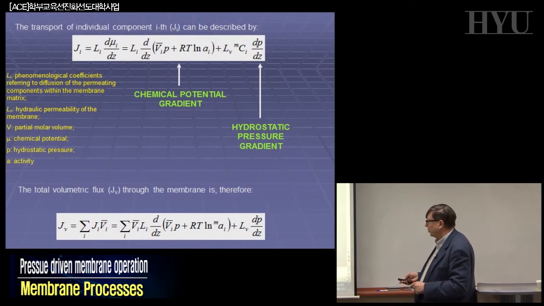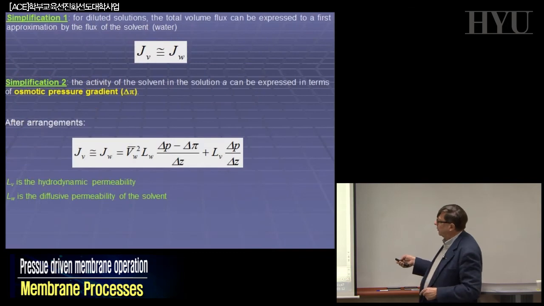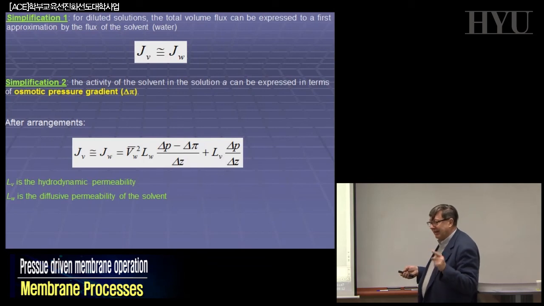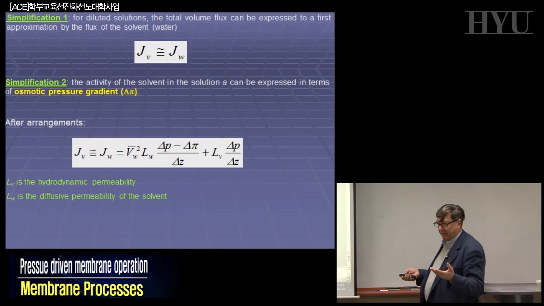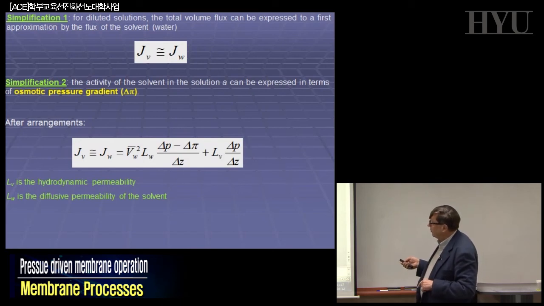However, now there is something new that we have to learn. If we are talking about the concentration at the membrane surface, this is something that we are not able to measure. Until now, in ultrafiltration and microfiltration, these terms were not important because there were no interfacial phenomena. We cut down all the interface phenomena. In nanofiltration, this is not the case. First of all, we can assume, as before, that JV is equal to J water, so these two terms are equal.